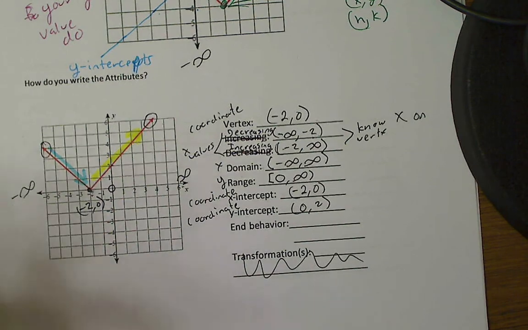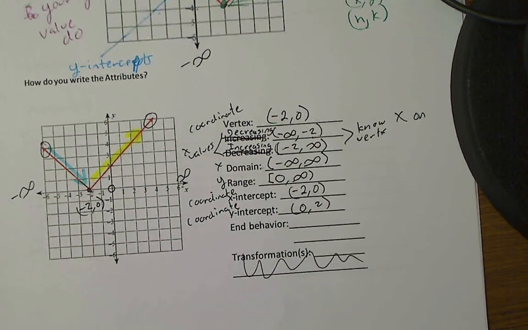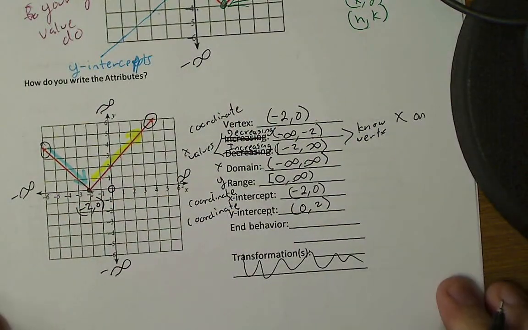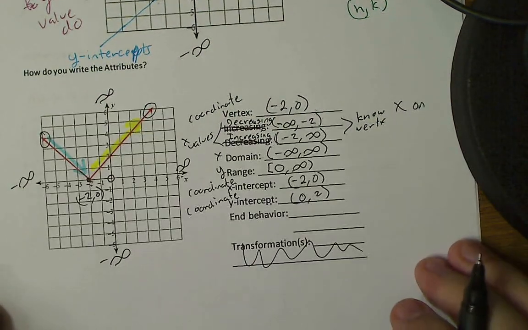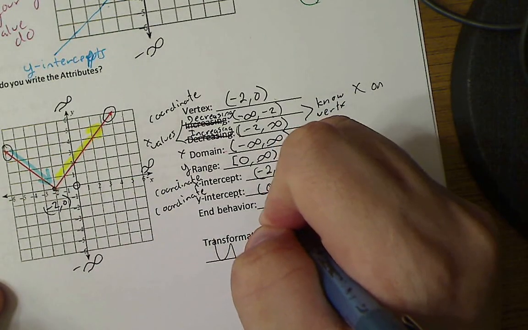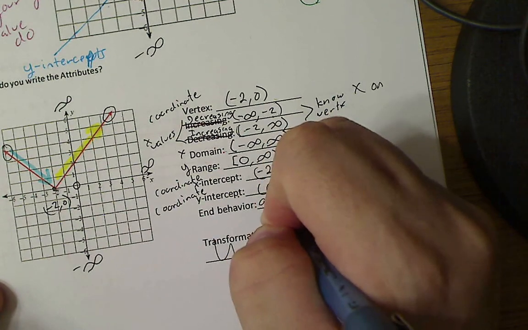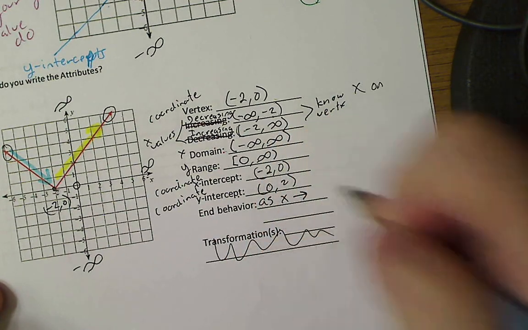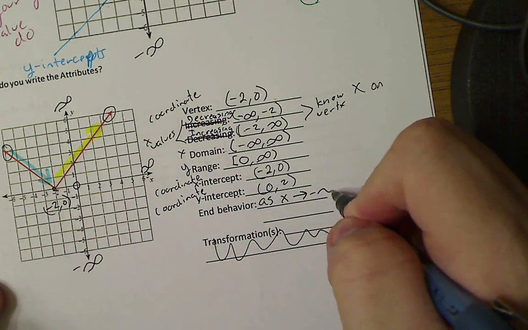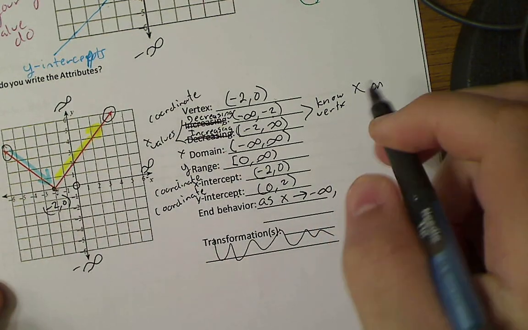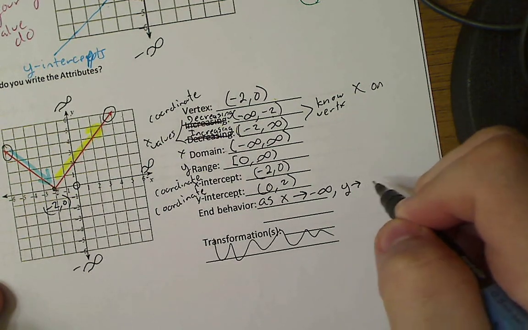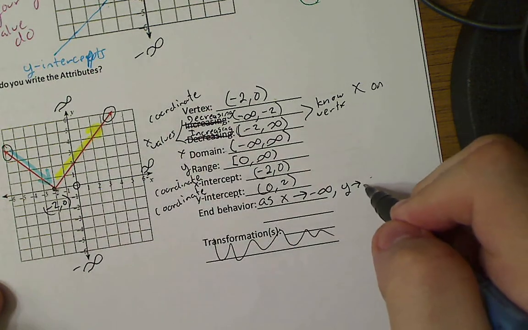That being said, the end behavior. This is one of those where I always say write your two symbols like this, and here's the reason why. End behavior looks something like this: as x approaches -infinity, comma, y, or f(x), depending on how we write it, approaches infinity.